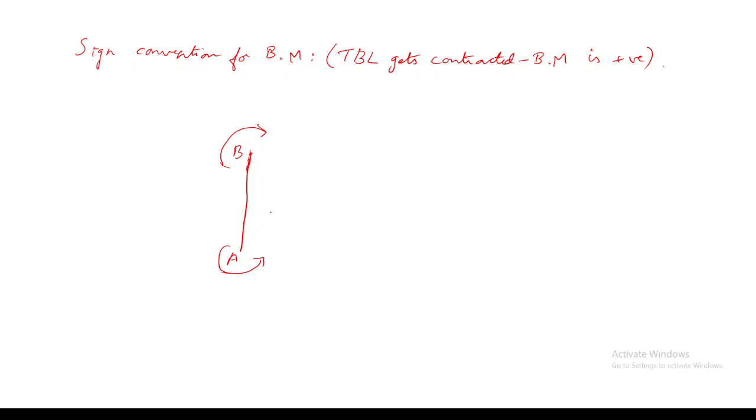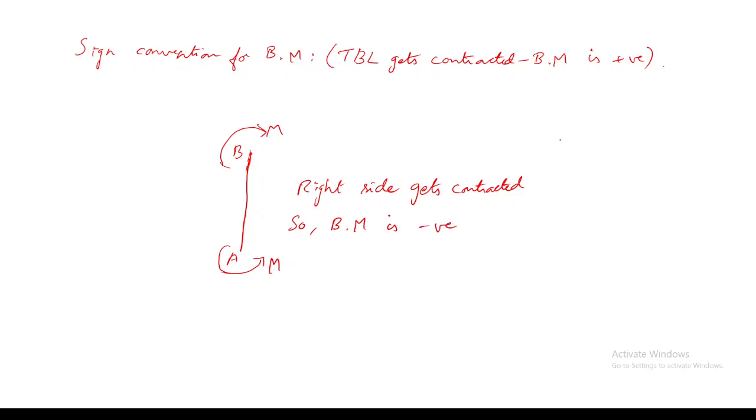Right, the right surface gets contracted here. So the bending moment due to this M is positive or negative? Negative. Yeah, the right side gets contracted, so the bending moment is negative.